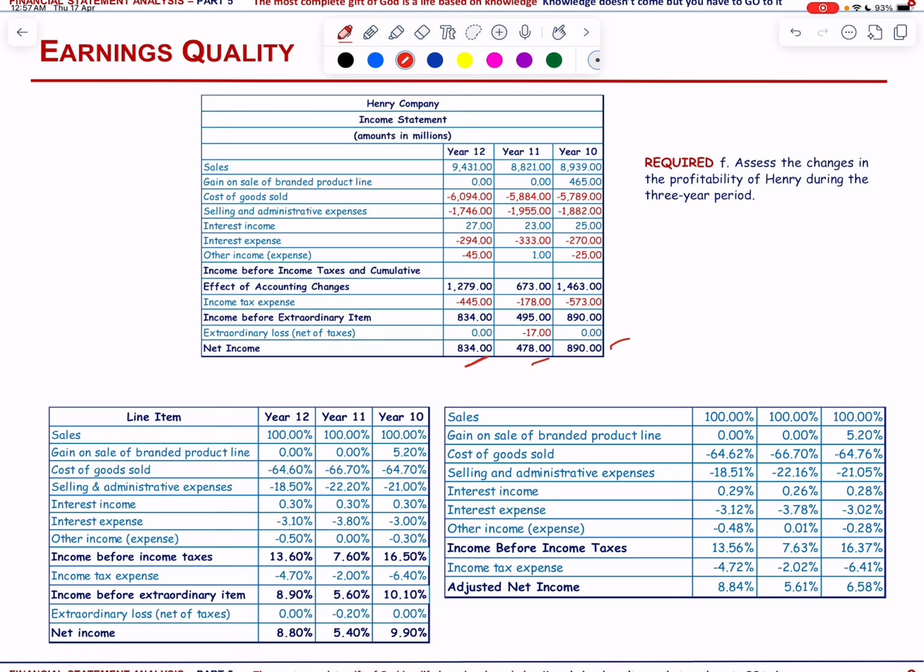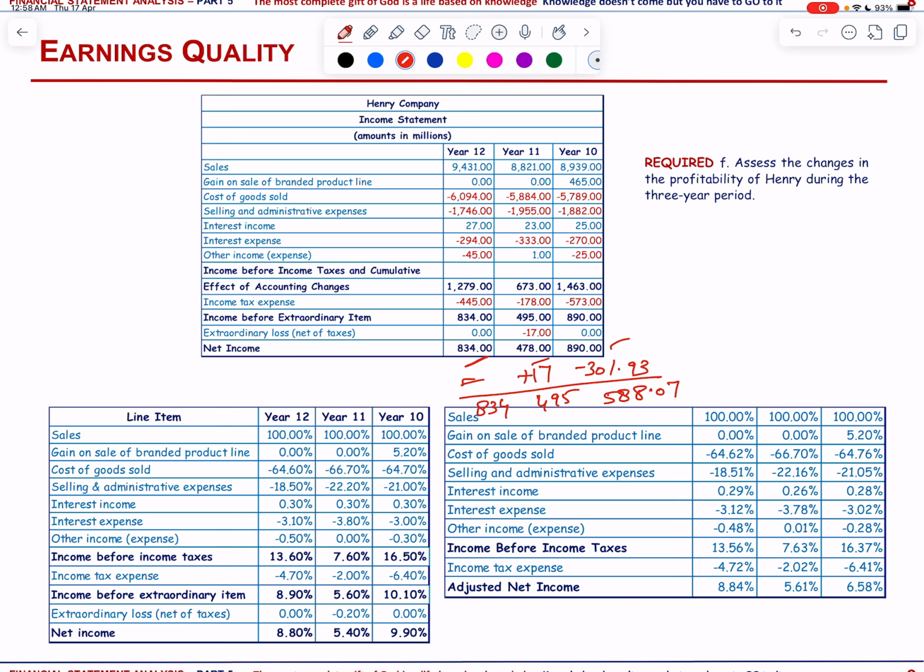We made the adjustment by decreasing this net income by 301.93 million. We added here 17 million, and there was no change over here. So the adjusted net income for the year 2010 was 588.07, then 495, and there was no change, that is 834.